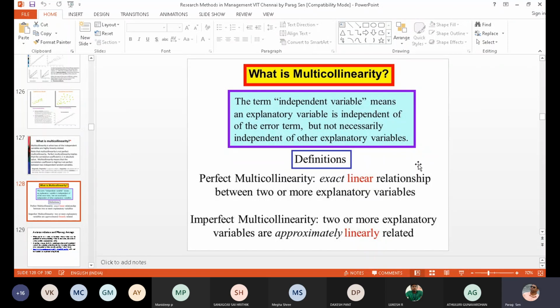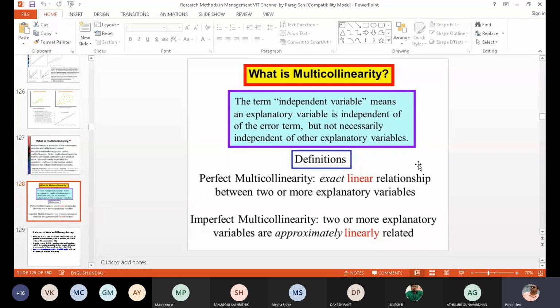So it is also checked whether there is a high correlation between the independent variables or not. If there is high correlation, then it may be assumed that some relationship exists.